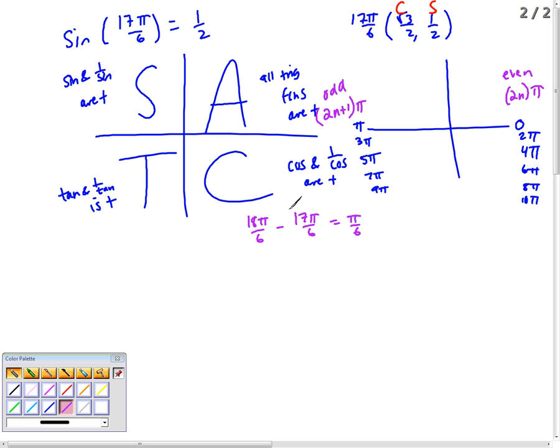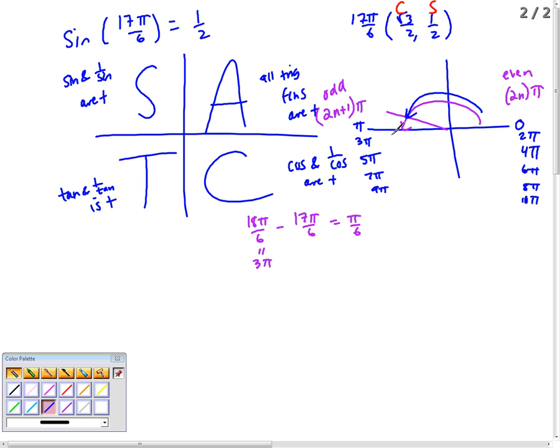What is 18 pi over 6? 3 pi. So if I go to 18 pi over 6, I'm going to end up right where 3 pi is, but I don't quite go there. I'm a little bit short, so I'm going to stop right here.